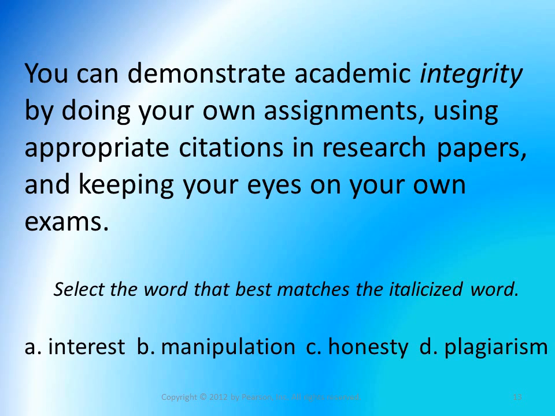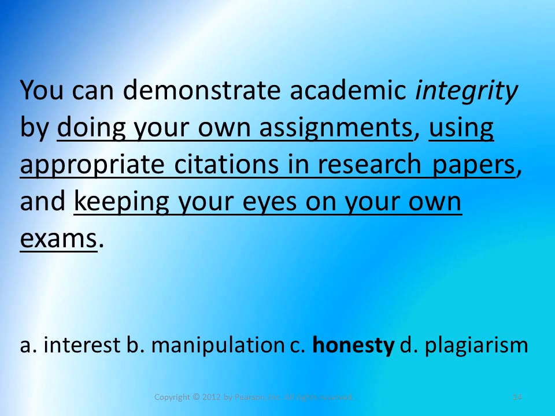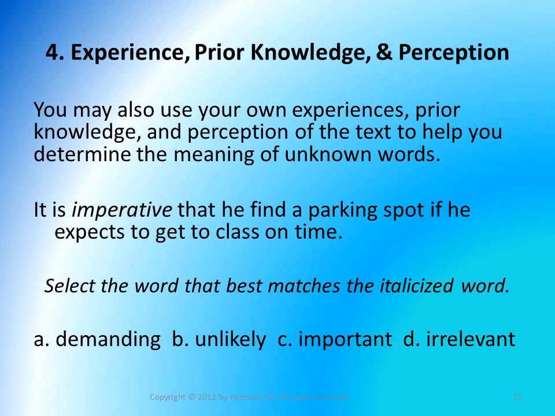Now in this sentence, the key word here is integrity that we're trying to figure out. And if we look at the sentence, there are examples of what integrity is. It has doing your own assignments, using appropriate citations and research papers, and keeping your eyes on your own exams. These 3 things are examples of students being honest. Therefore, integrity would be honest.